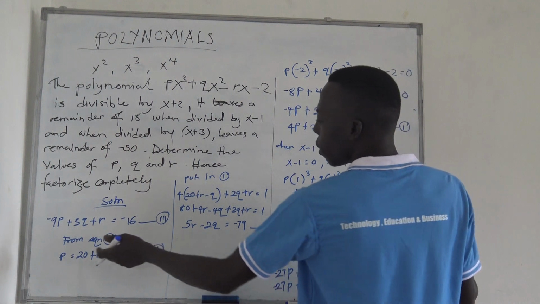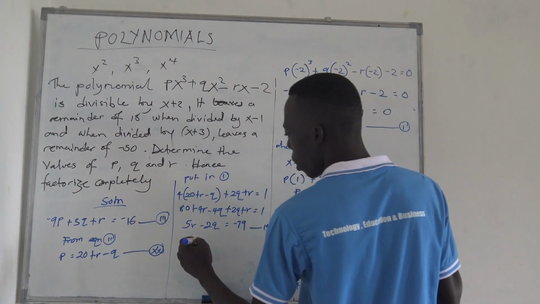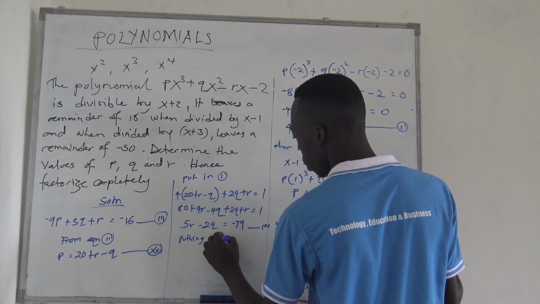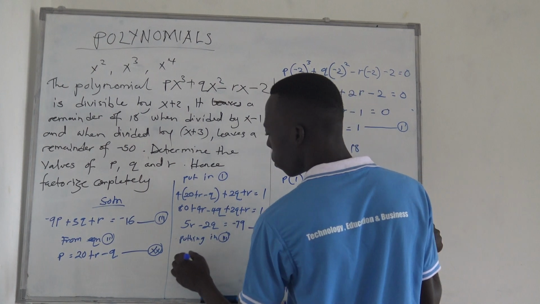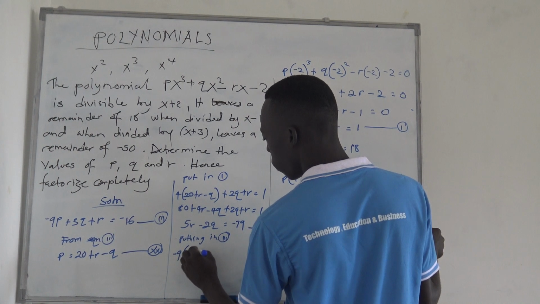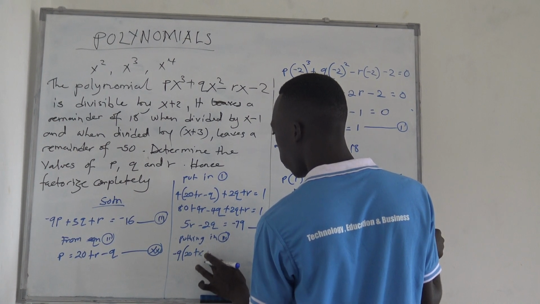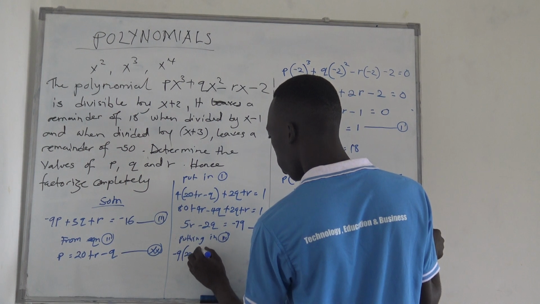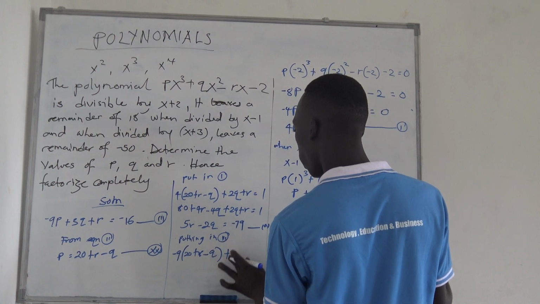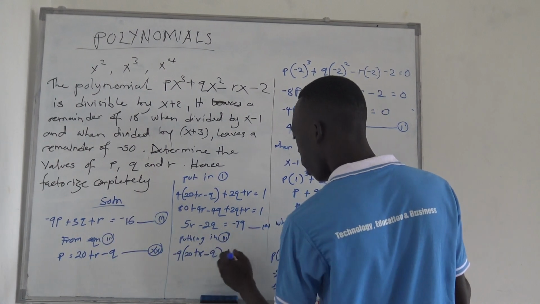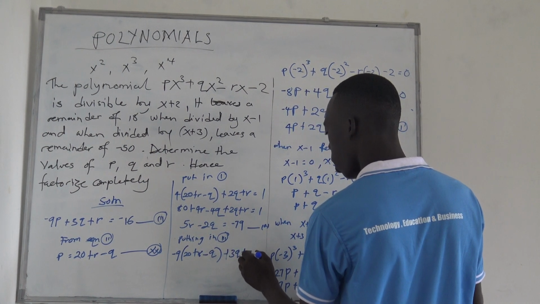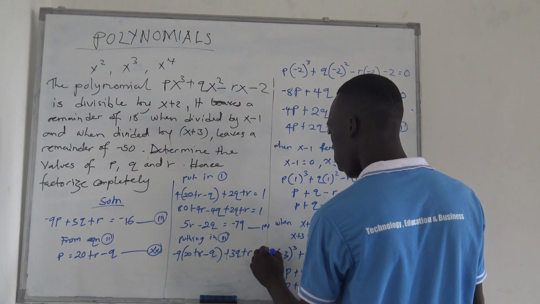From this one, substituting the value of P in the third equation, equation C becomes negative 9 into 20 plus R minus Q, then plus R. This one becomes plus 3Q plus R equals negative 16.